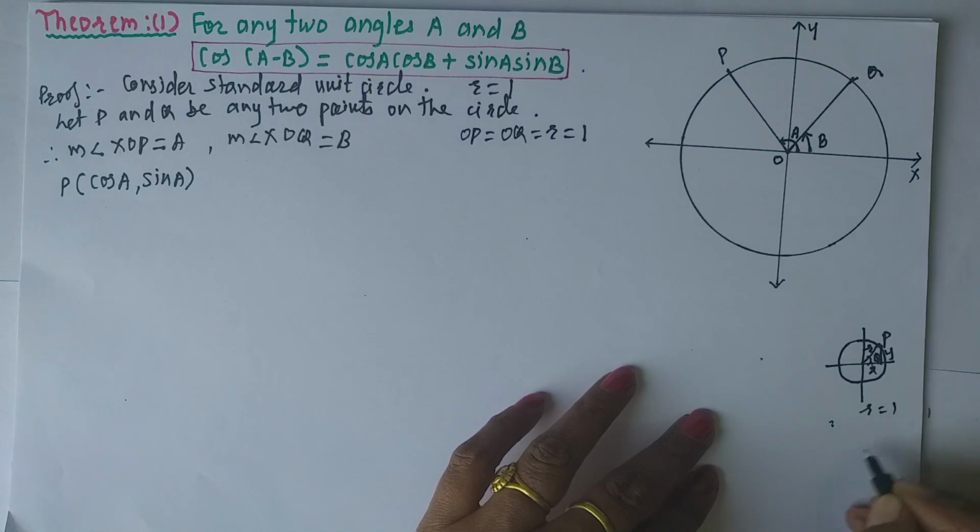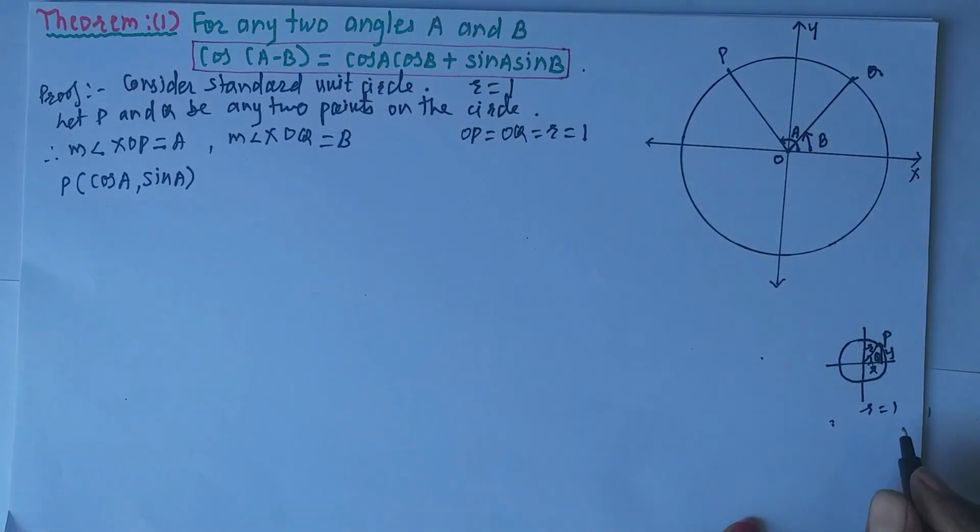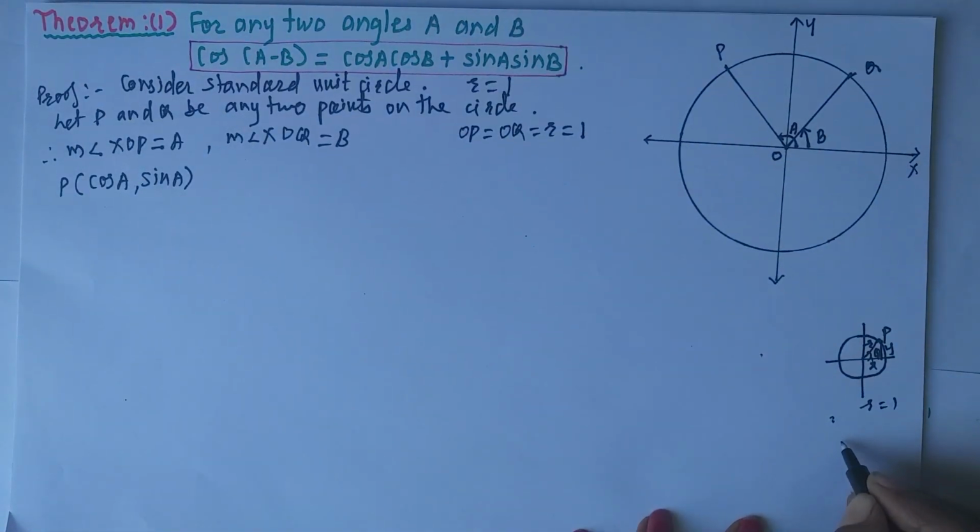Here r is 1, and if it is a standard unit circle, then x means cos theta and y means sin theta. And if P has coordinates x, y, then that can be written as P (cos theta, sin theta).